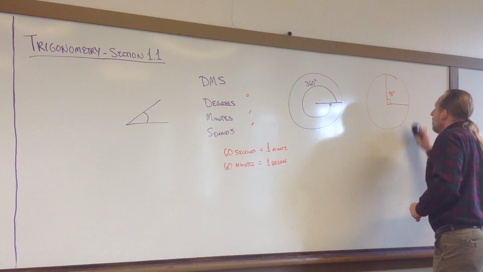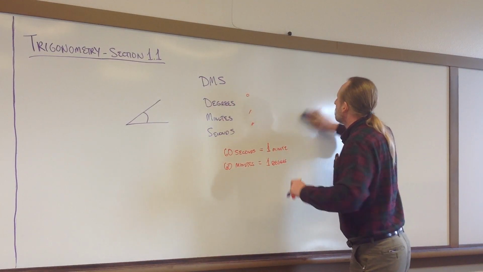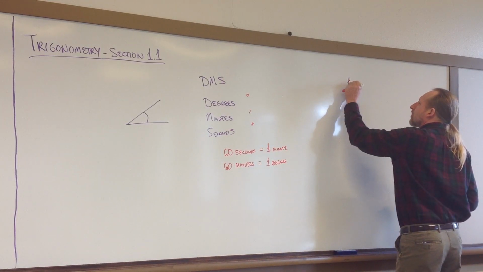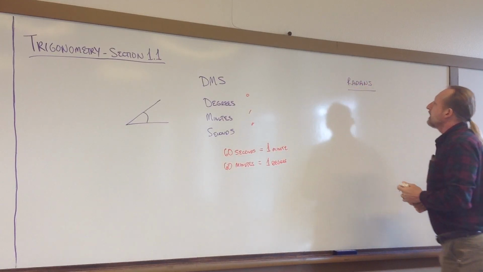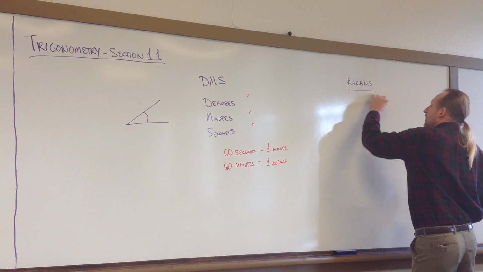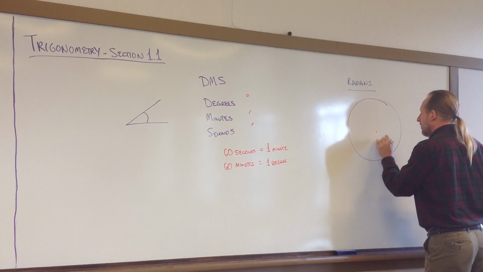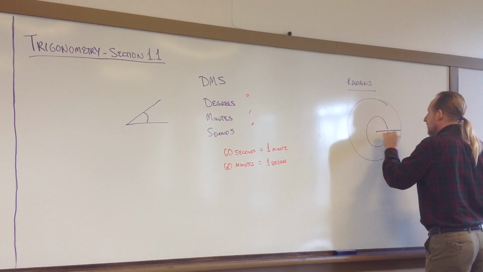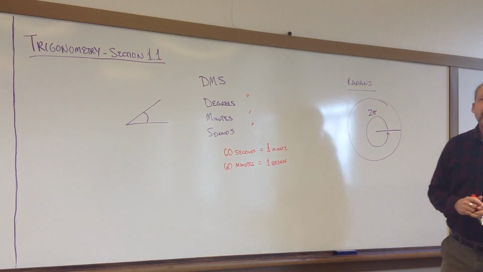And then the other type of units for measuring angles are radians. And radians are defined, well, let's go ahead and talk about this. Radians, one of the key definitions here is that a complete circle is equivalent to 2 pi radians.